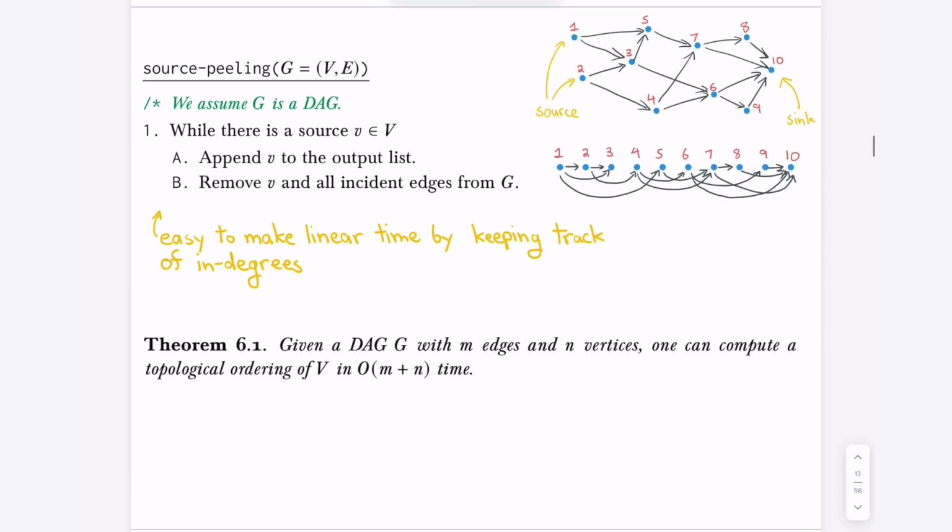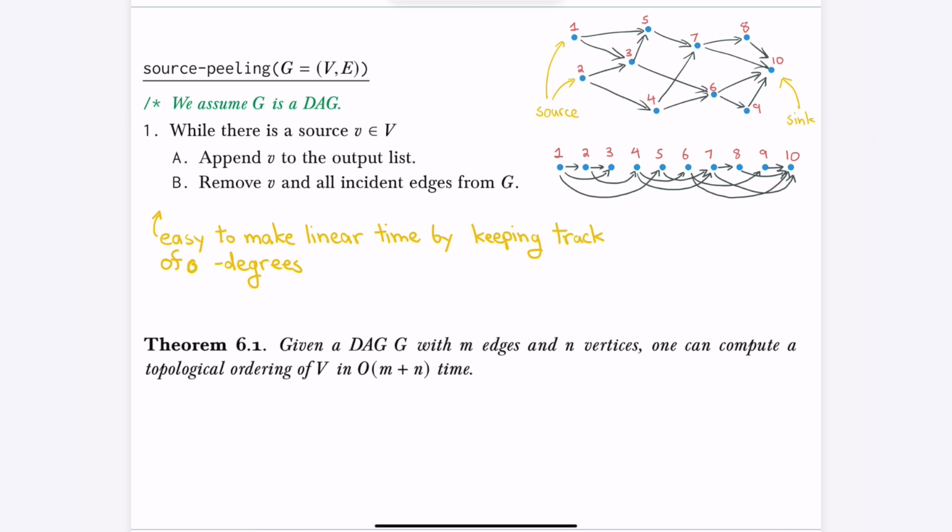So you can do this while you repeatedly find the source, and you can even make it run fast. To identify a source, it's a vertex with no incoming edges, right? So I guess you should actually keep track of in degrees.